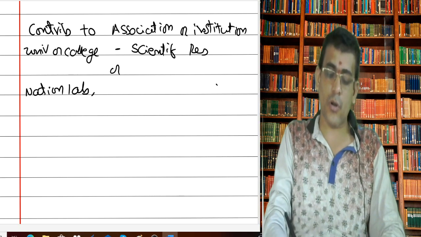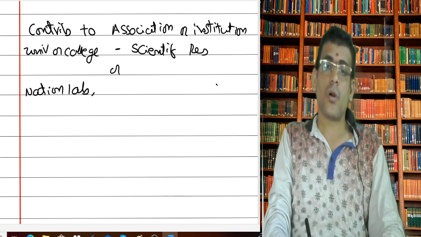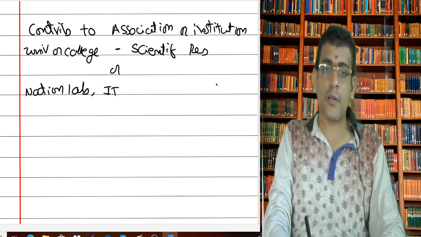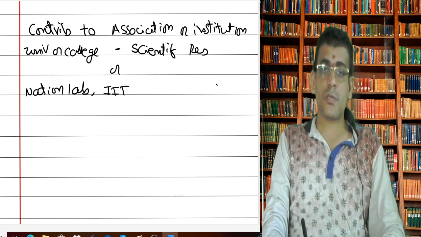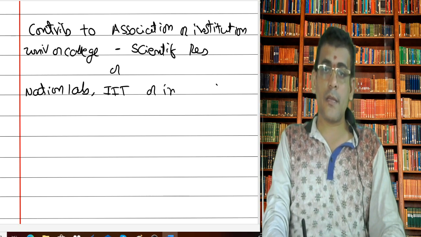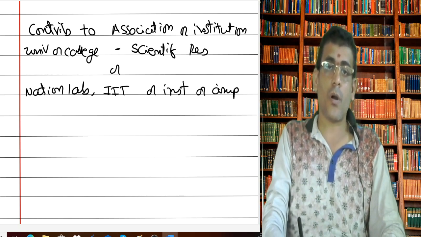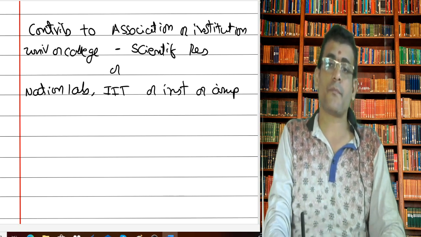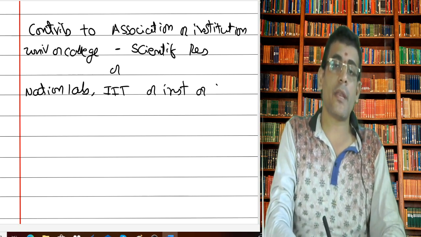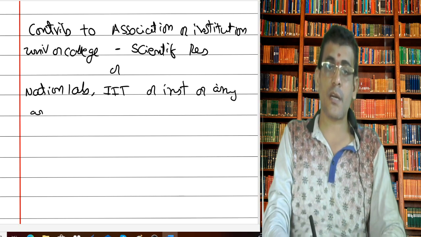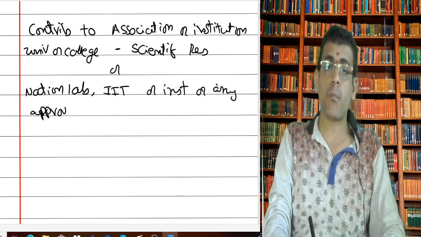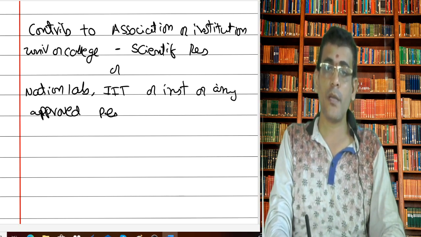Any sort of amount contributed to a national laboratory, or to an Indian Institute of Technology, or any institution, or any approved person. You may be contributing to any institute, or to an IIT, or even to any prescribed, or I can call that an approved person.